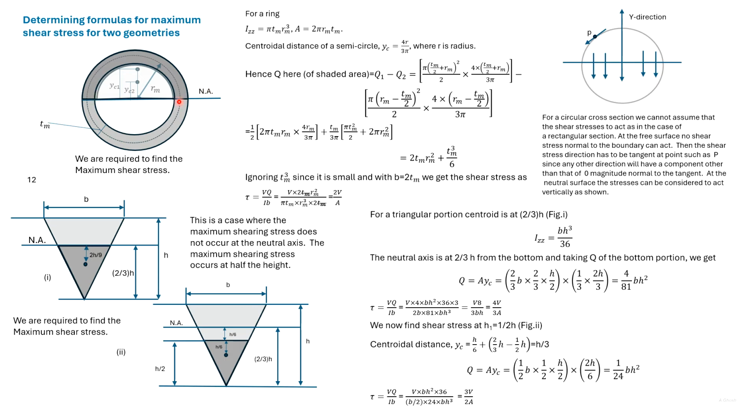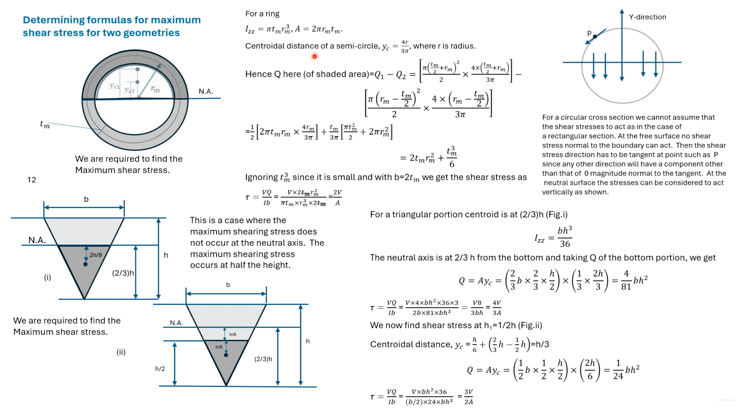To find the shear stress at the neutral axis, we need to find Q for this dark shaded portion. The Q of the dark shaded portion can be found out by first finding the Q of the larger semicircle and then deducting the Q of this smaller semicircle.